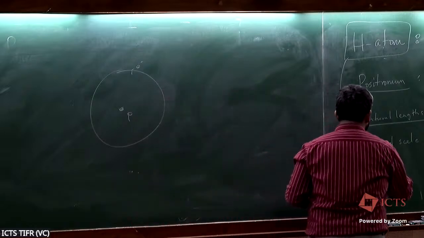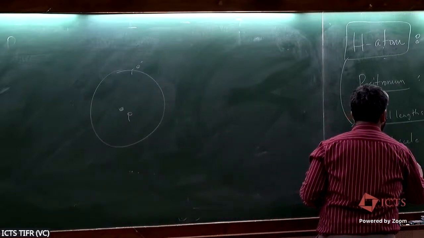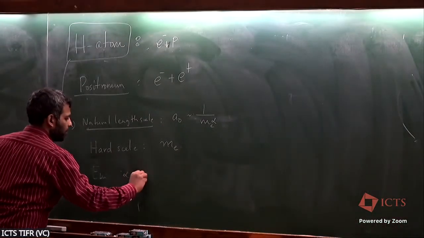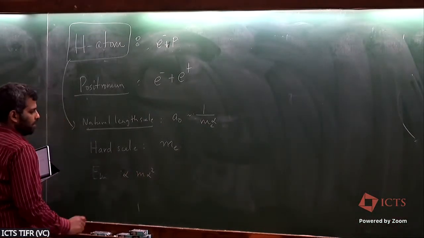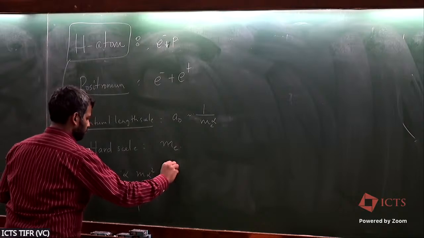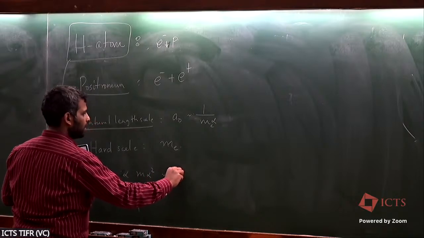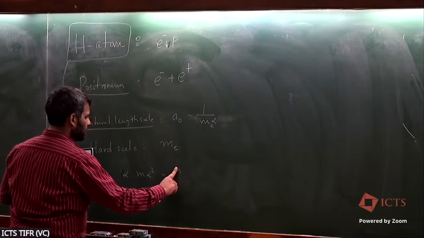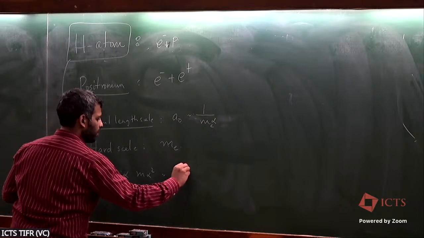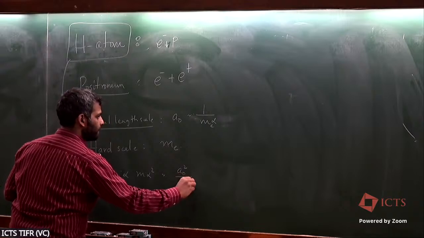My binding energy is proportional to m alpha square, or I think it is, just give me a minute, 1 by a0 square by m probably.